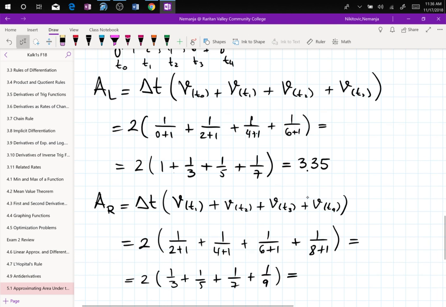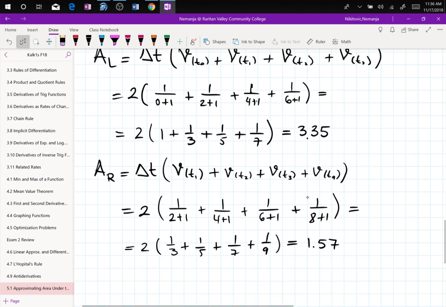Let's see. I get 1.57. So now the true area is going to be in between these two numbers.